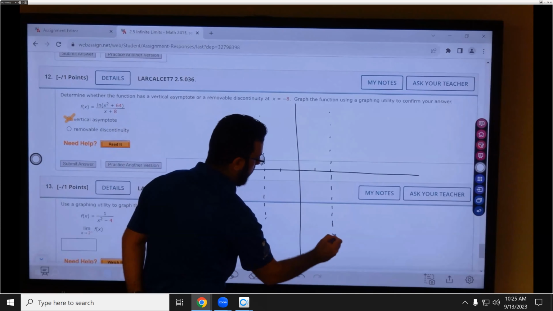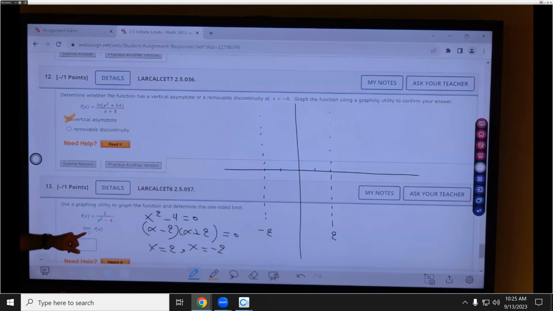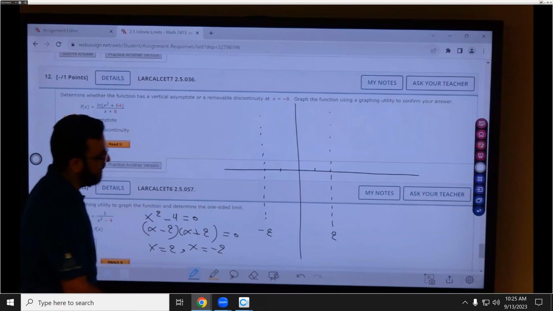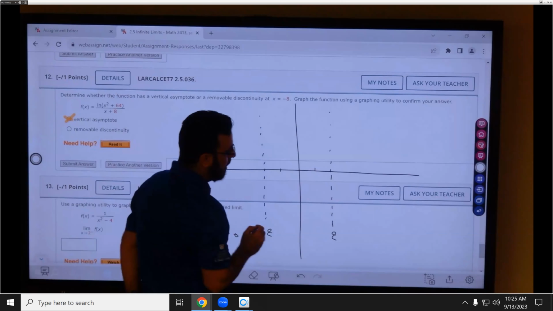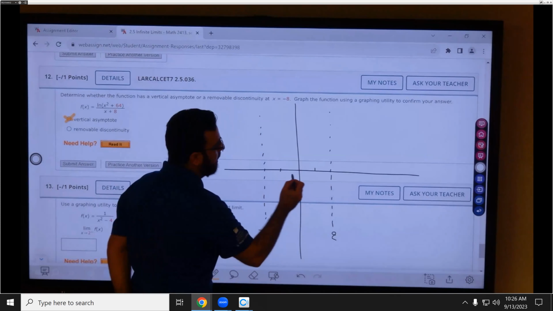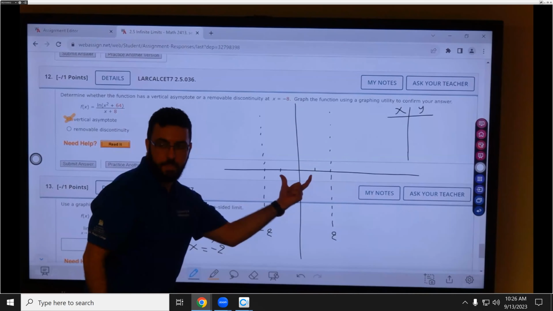And our goal is to find the limit where? To the negative 2 from the left side. That means the limit here, only from this side. Now I'm going to create a table with x and y, without using a calculator. Pick numbers here. We need to find the limit on this side.